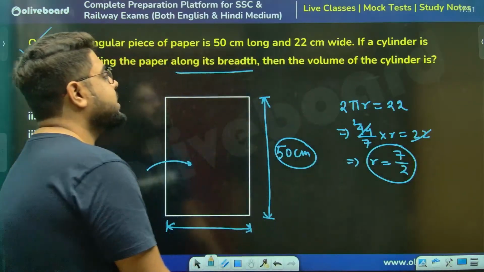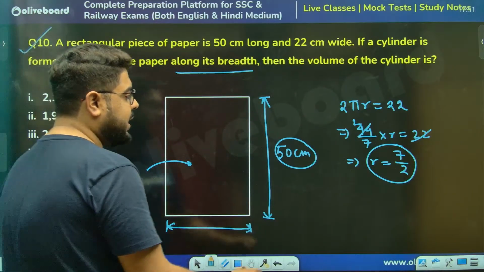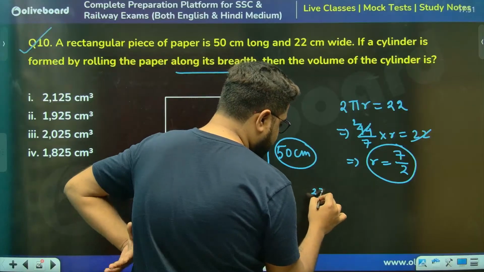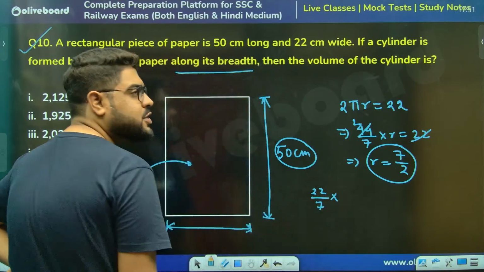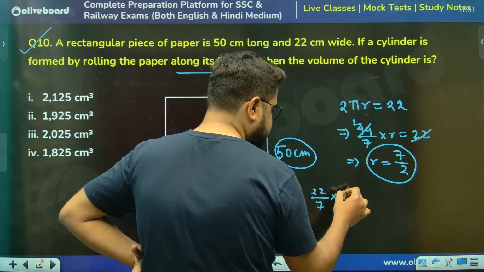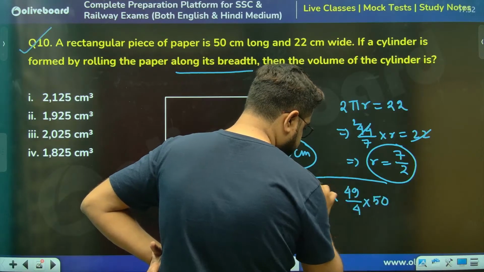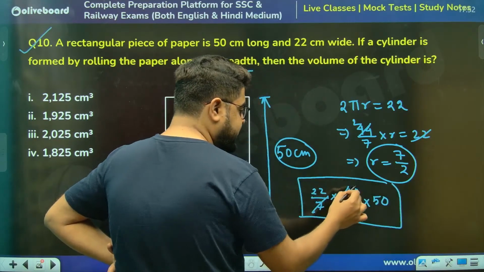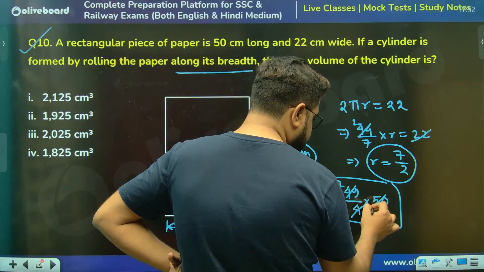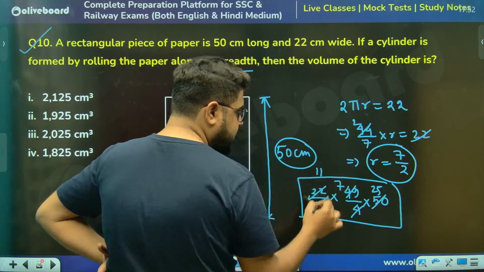What they're asking? The volume of the cylinder. Sir, pi r square h. 22 by 7 into r square into h. So let's calculate. So 7 sevens are this. 4 cancels, 2 cancels, 1.